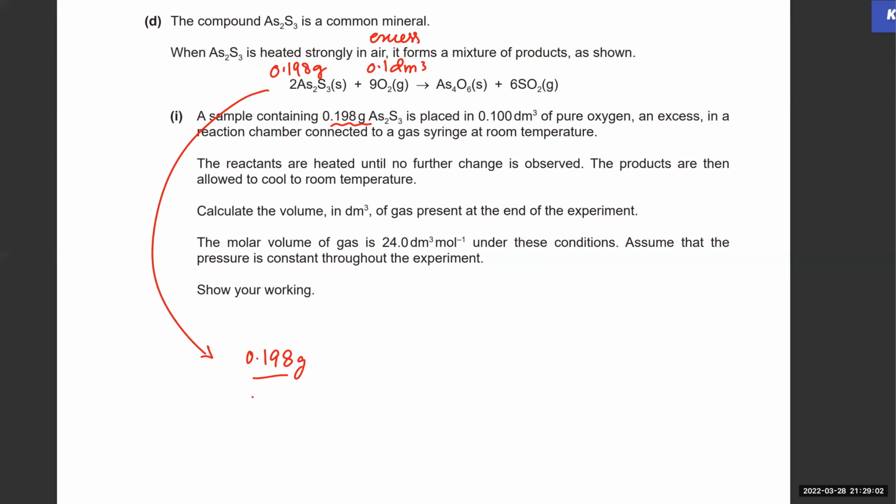So 74.9 times 2, sulfur is 32.1 times 3. So mass divided by the Mr. How many moles do we get? What do you get for this? 0.198 grams of this substance.